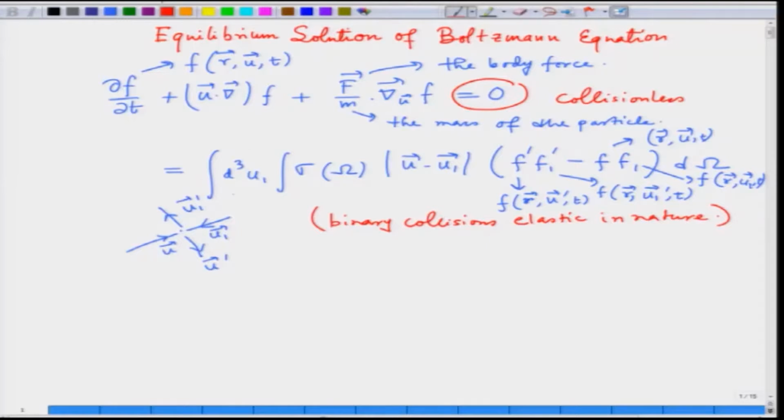Or rather, this is the net change in the distribution. If you remember, this is nothing but df dt. If you just follow one trajectory of evolution in the phase space, the time rate of change of the distribution function will be exactly equal to this one.